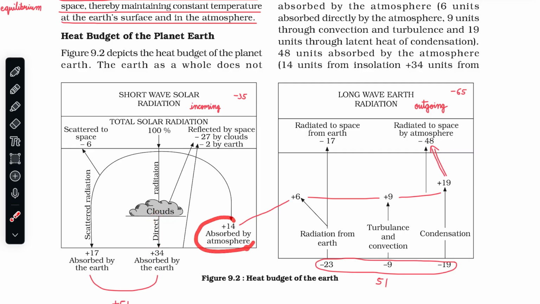Also, 40% is absorbed by the atmosphere. So, for the long wave Earth radiation, around 17% is directly radiated to space from the Earth, 48% is radiated to space by the atmosphere.